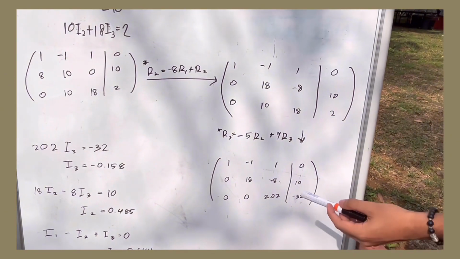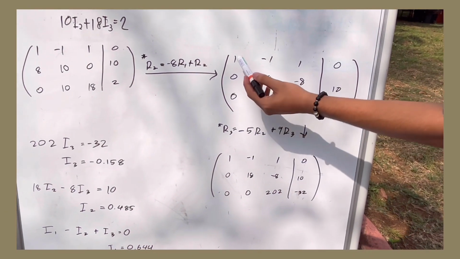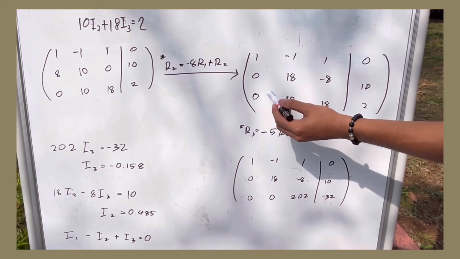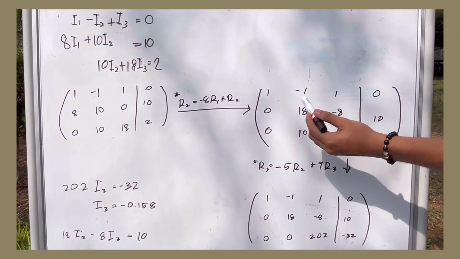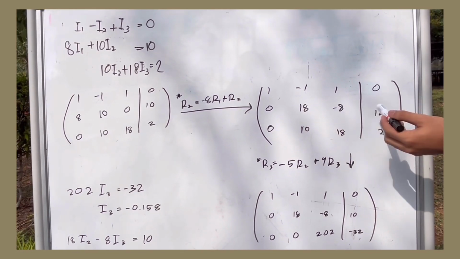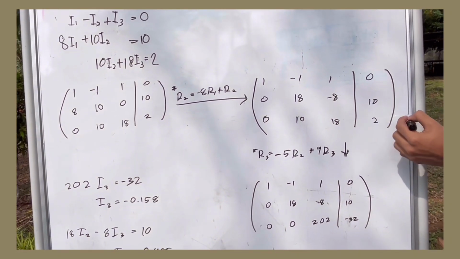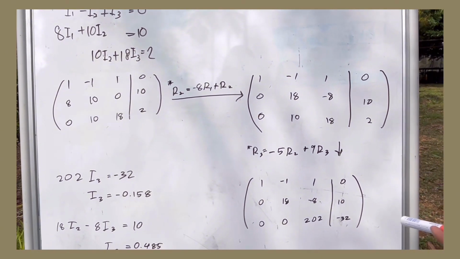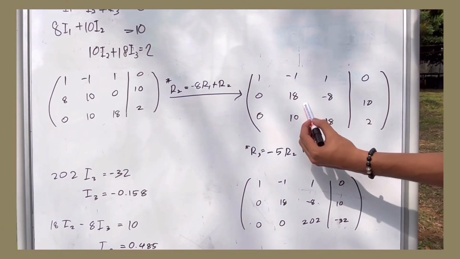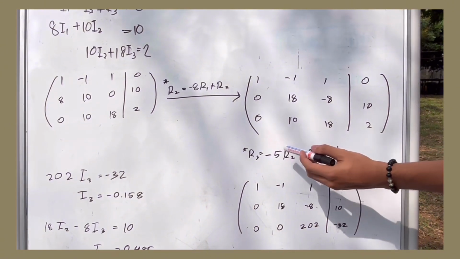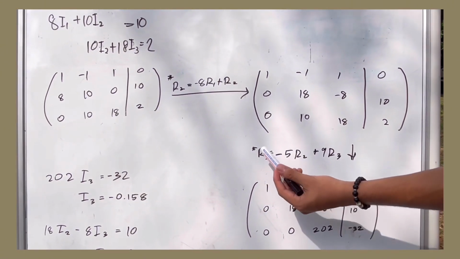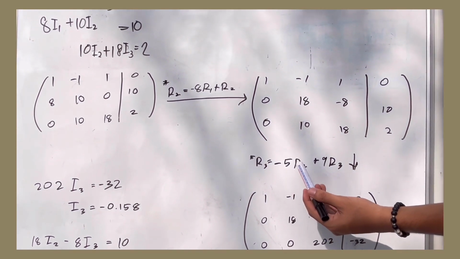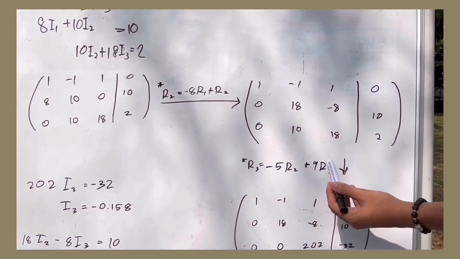The first row is going to be the same, but row 2 changes to 0, 18, negative 8 and 10. Row 3 remains the same also. Then we turn this 10 into 0, and for that, row 3 equals negative 5 row 2 plus 9 row 3.